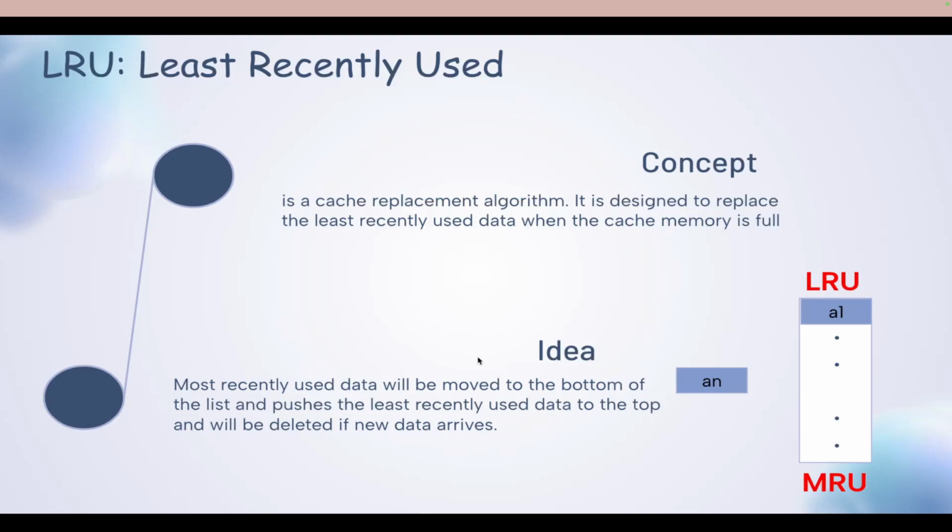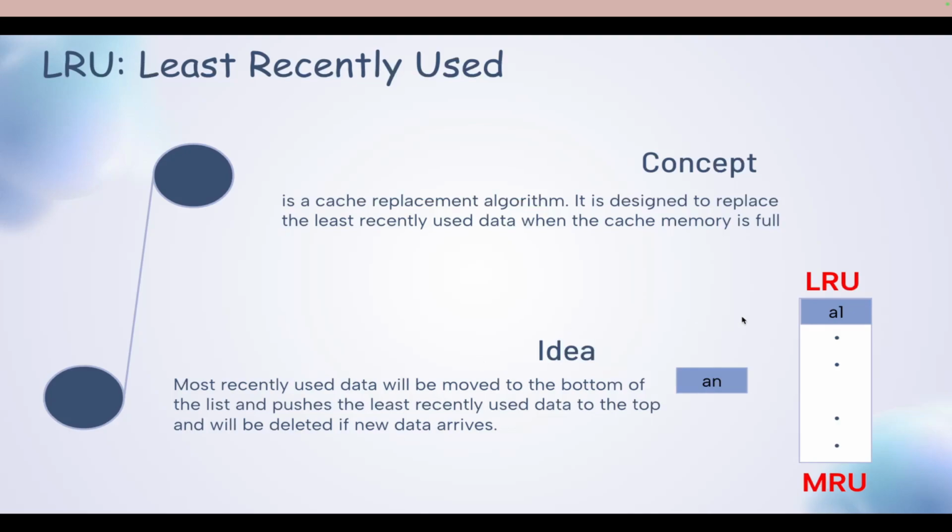The idea of the LRU is that the more recently used data will be moved to the bottom of the list, and the least recently used data is pushed to the top and will be deleted if new data arrives.